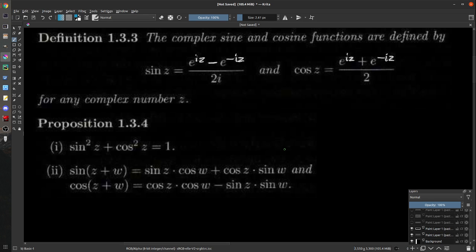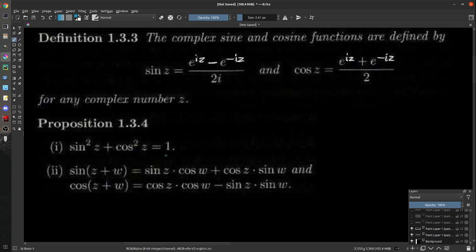So, for example, proposition 1.3.4 in your textbook shows that the complex valued sine and cosine continue to obey a lot of the identities that we all know and love from classic real valued sine and cosine.